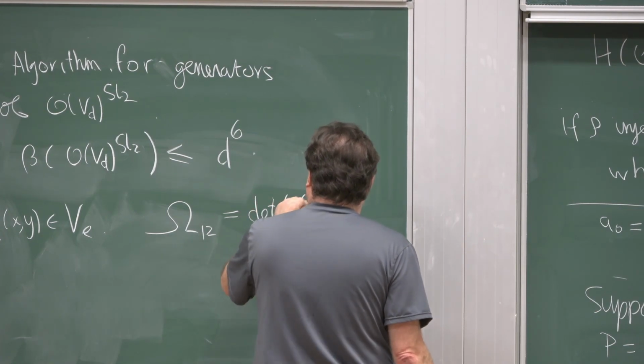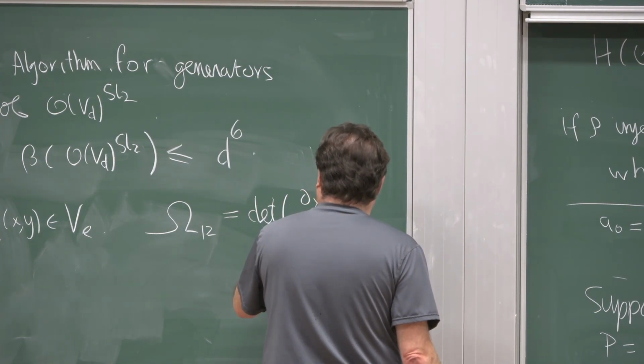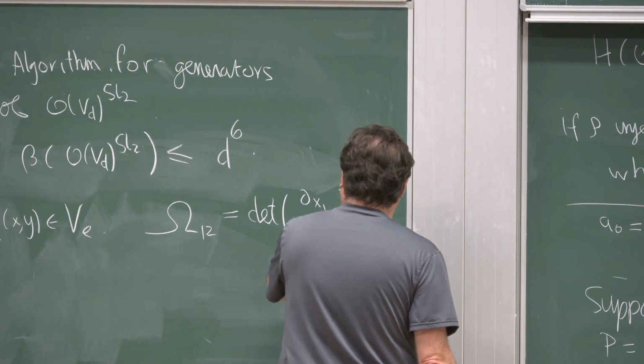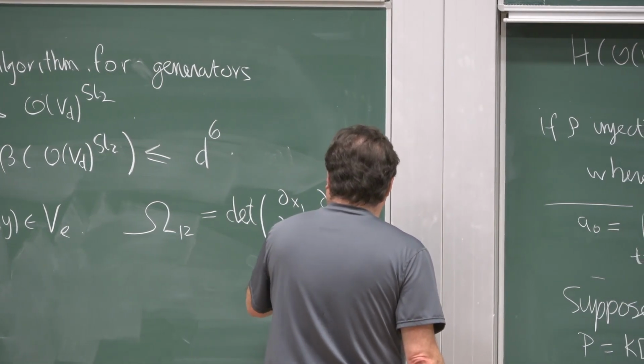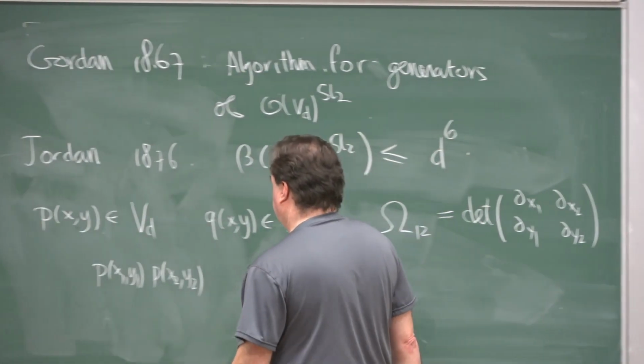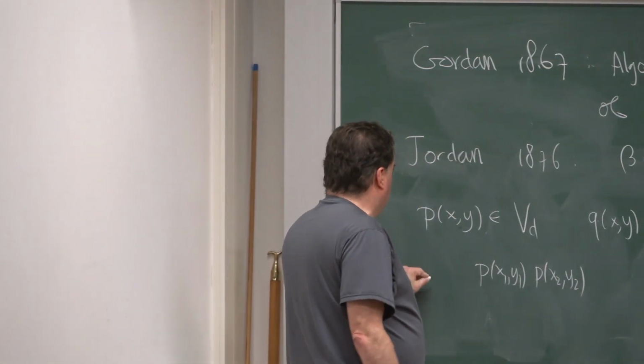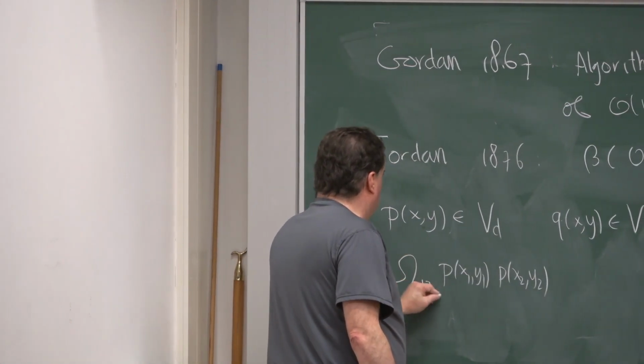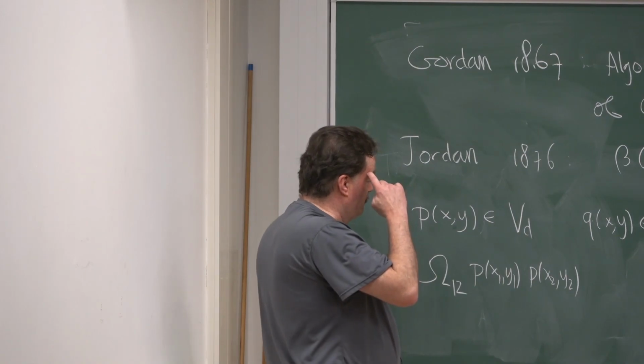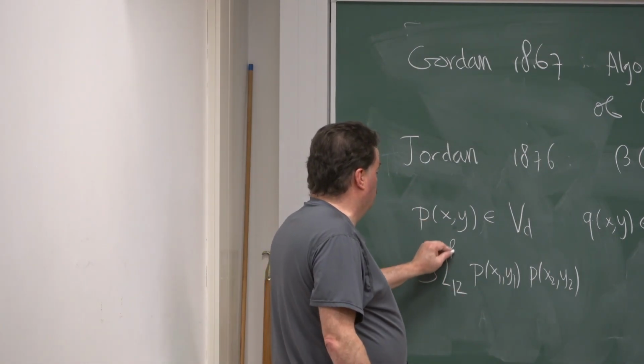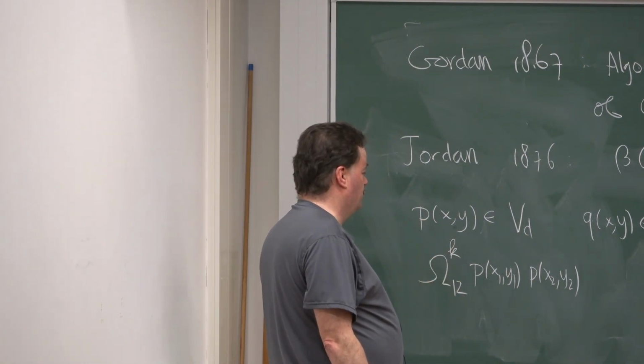So this is the determinant of d/dx1, d/dy1, d/dx2, d/dy2. Then I can apply this to this product polynomial, or I can even apply it k times.